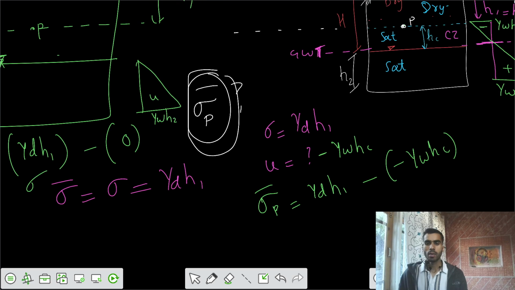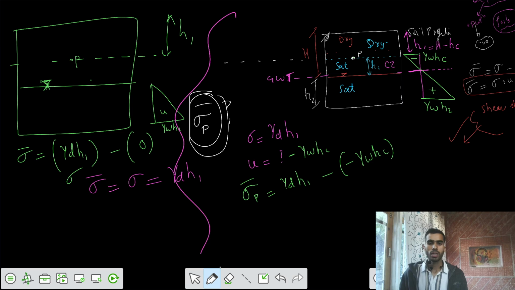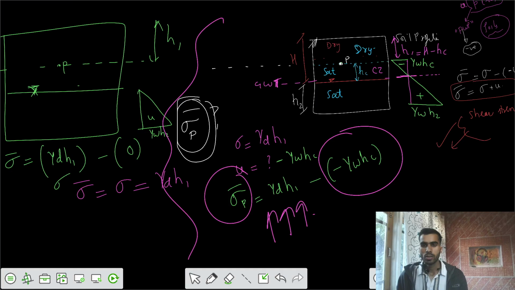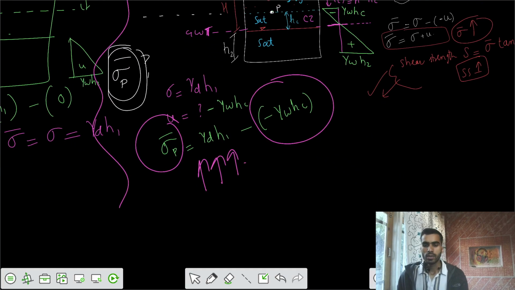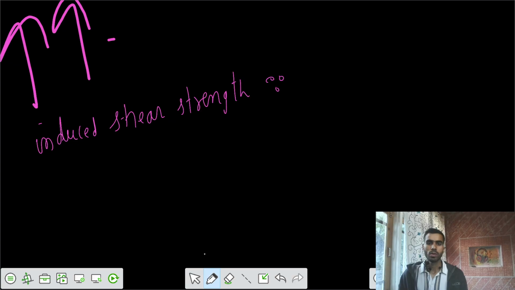But in this case, because of the capillary effect, your effective stress got increased by this amount of gamma W HC. So I would say there is induced shear strength because of capillarity.